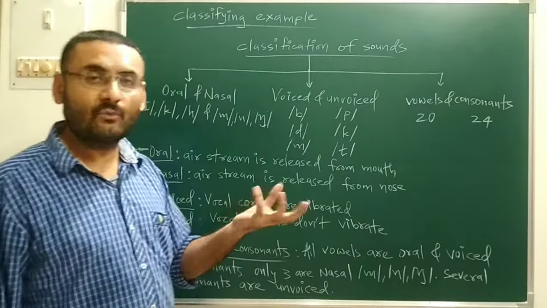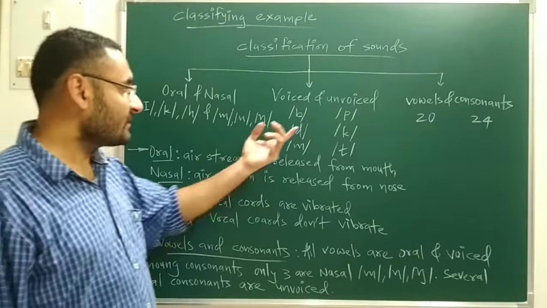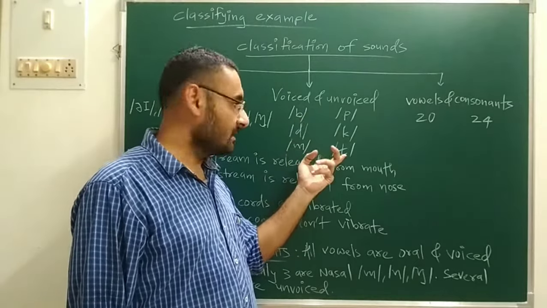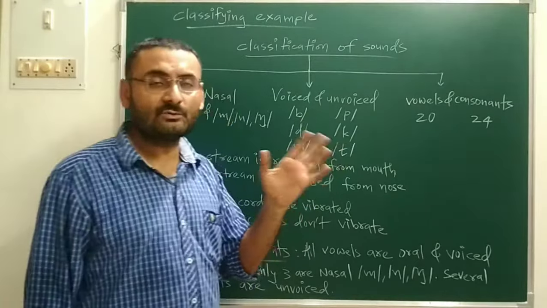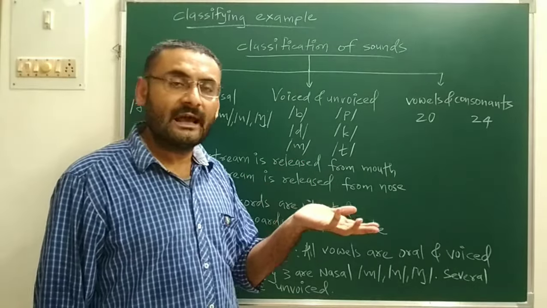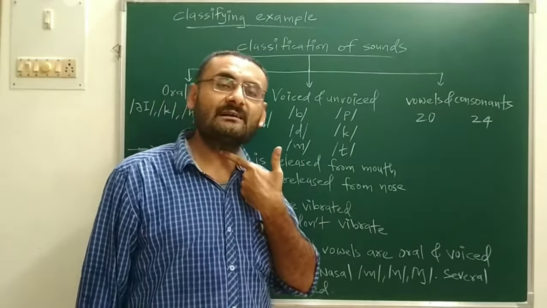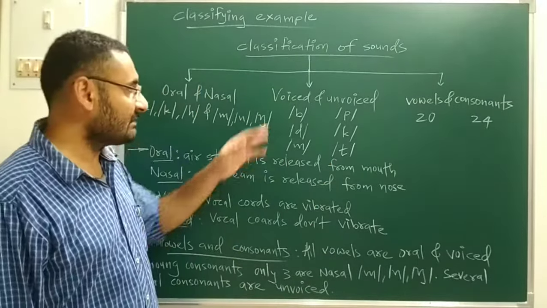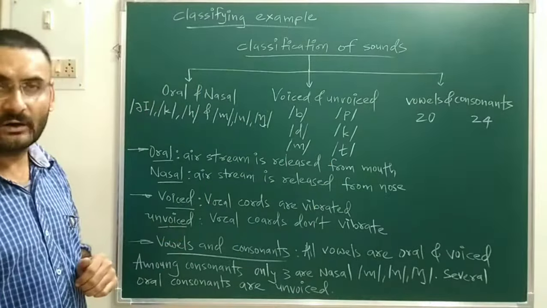If you produce this type of sound from your mouth and keep your finger on your Adam's apple, you will not feel the vibrations. That is why this type of sound is known as unvoiced sound.